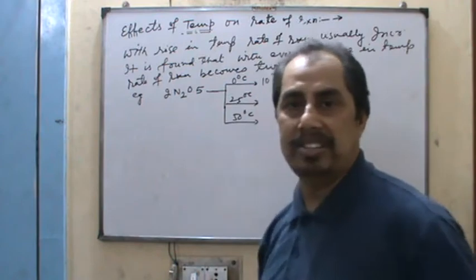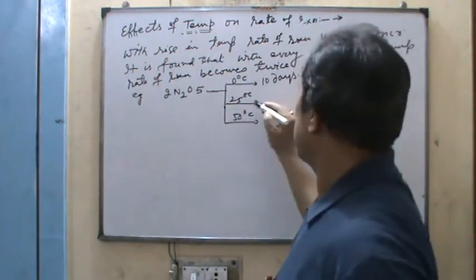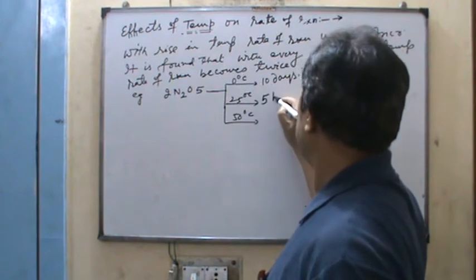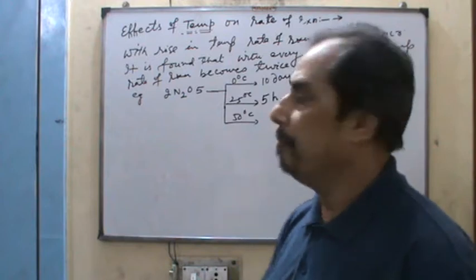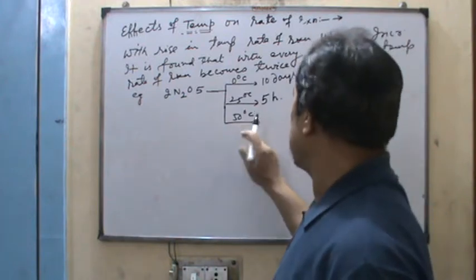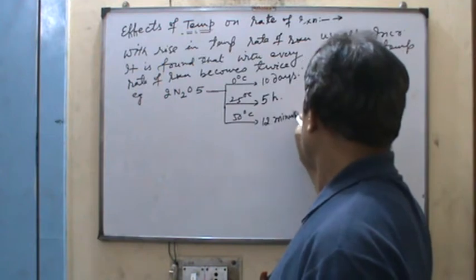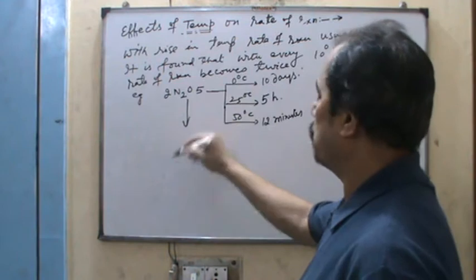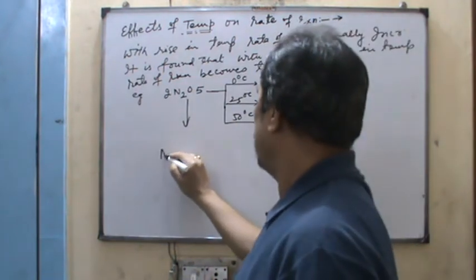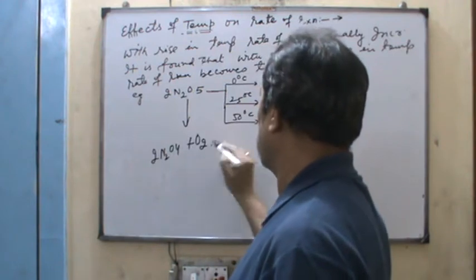Once you increase the temperature to 25 degrees Celsius, it will take 5 hours. But at 50 degrees Celsius, it takes experimentally 12 minutes. N2O5 undergoes decomposition to form N2O4 plus O2.